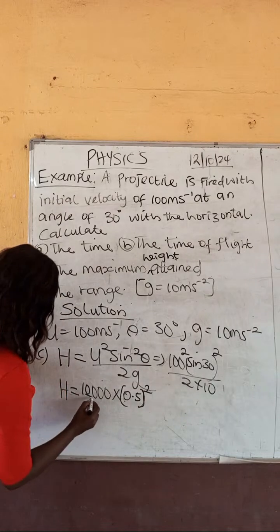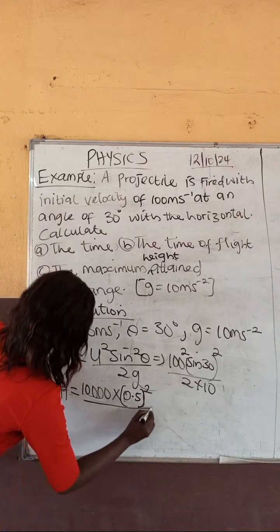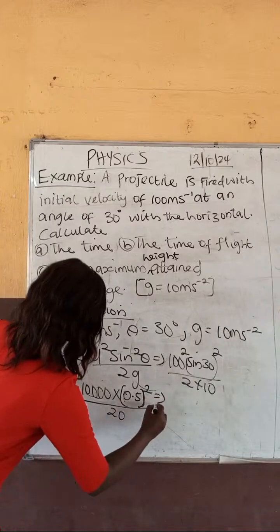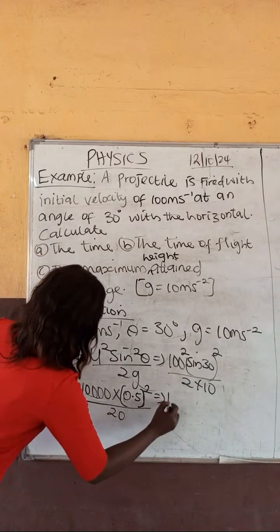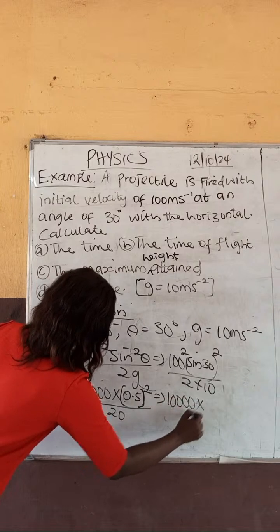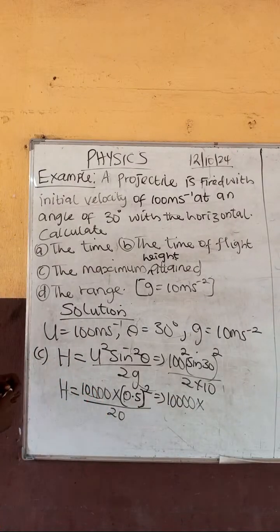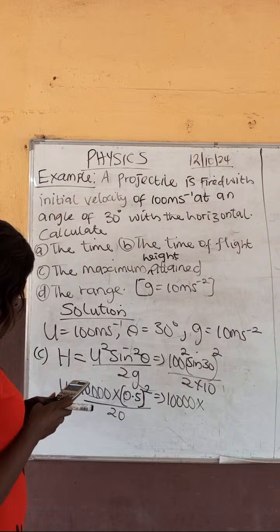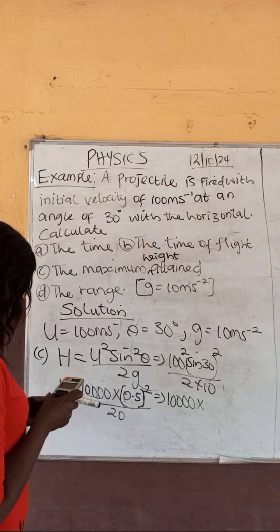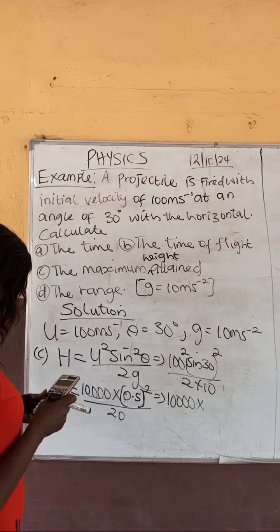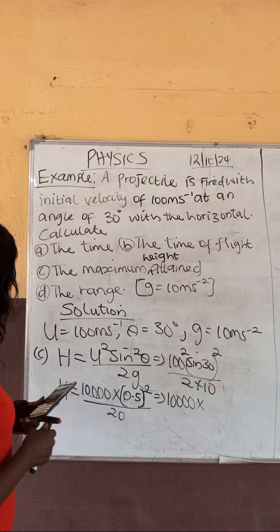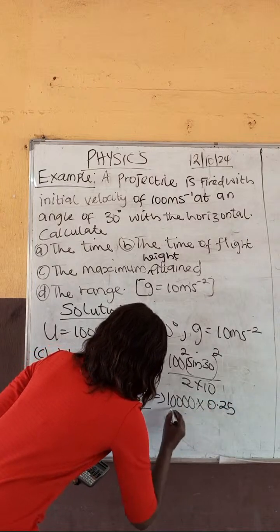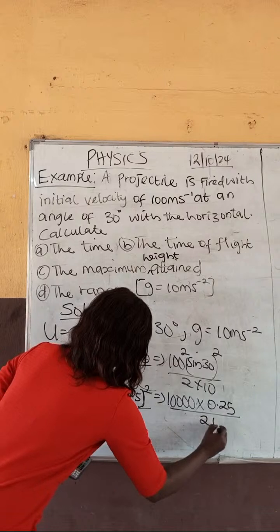Then divided by 2 times 10, which is 20. So what do we have here? We have 10,000 times 0.5 squared. We can use our calculator: 0.5 squared will give us what? 0.25. I have 0.25 divided by 20.